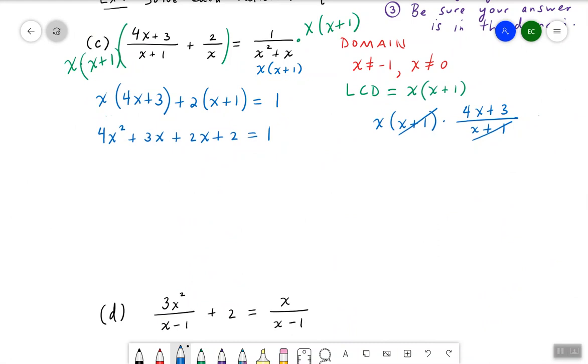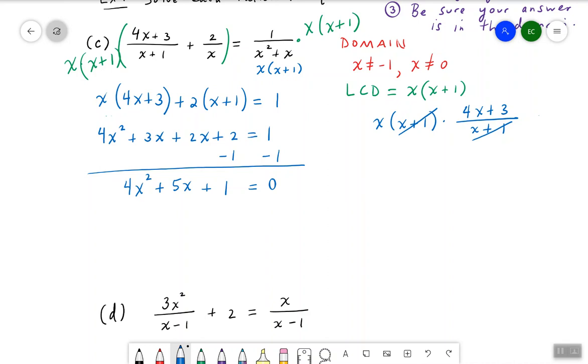And then for a quadratic, usually we want to set it equal to 0, and then we can either factor it or we can use the quadratic formula. So if we subtract 1 from both sides and we combine the 3x and the 2x, then we'll wind up with 4x squared plus 5x plus 1 is equal to 0.